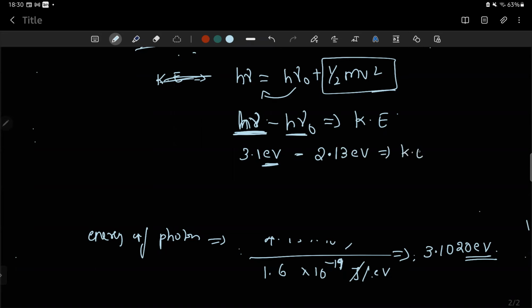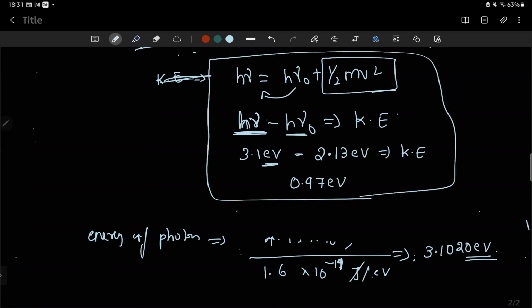So இது ரெண்டையும் subtract பண்ணிட்டா 0.97 electron volts. இப்ப புரிஞ்சுதா? Got the point? Yes, ma'am.